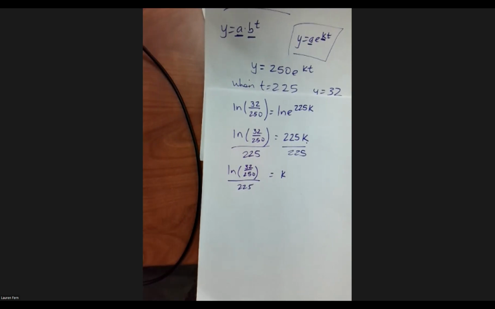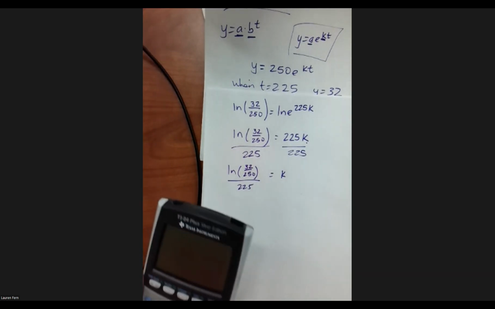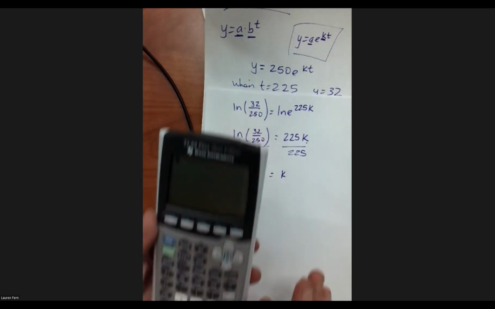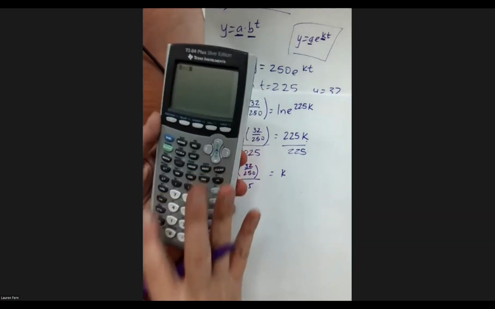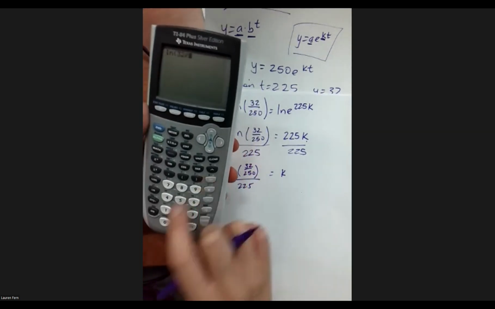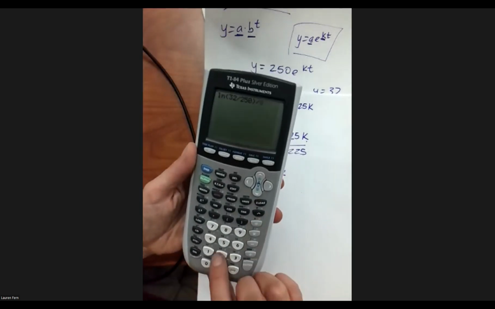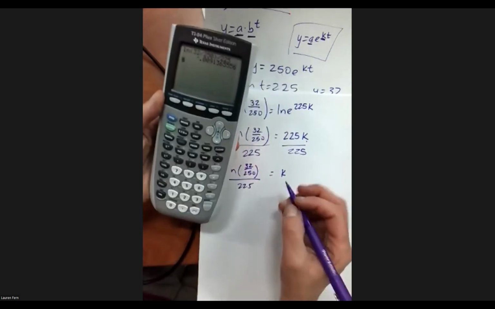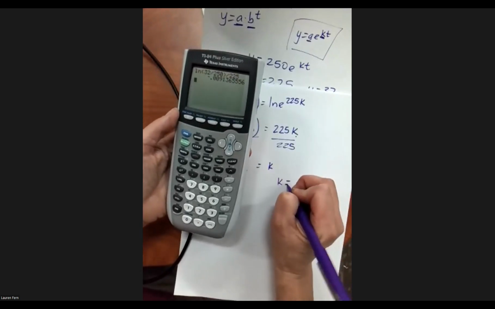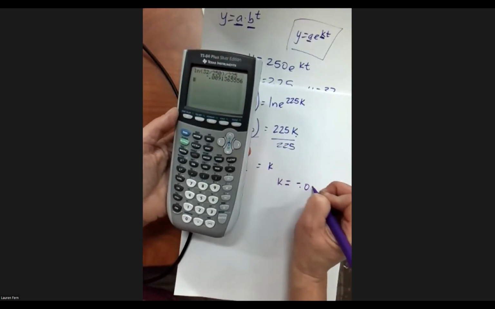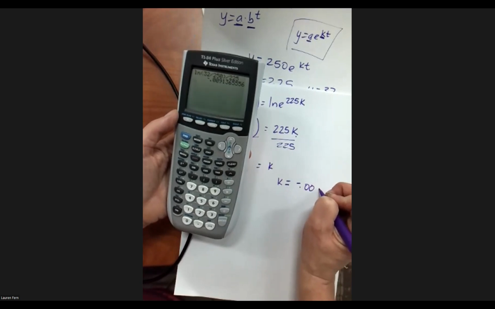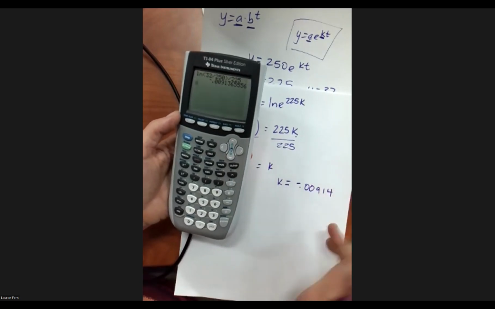And this is when a calculator really comes in handy, as do my reading glasses. So we have the natural log of 32 divided by 250. And then I'll divide that whole thing by 225. So I get K to be negative 0.00914.